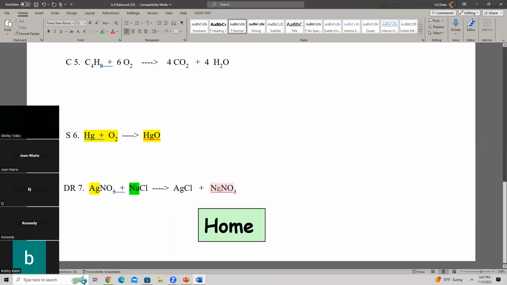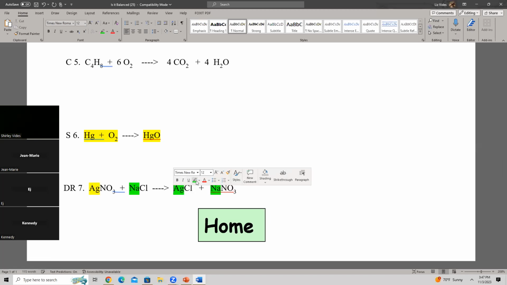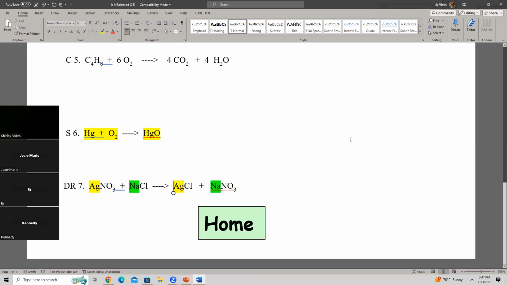See how the sodium is now over here with the NO3 and the silver, which should be yellow, is over here with the chlorine. See, you can see the partners switched. All right, so that's that one.